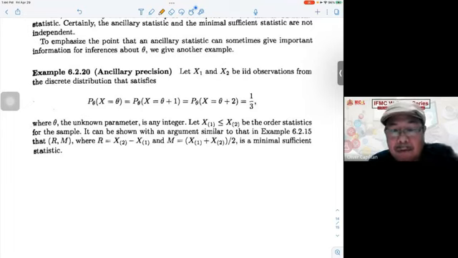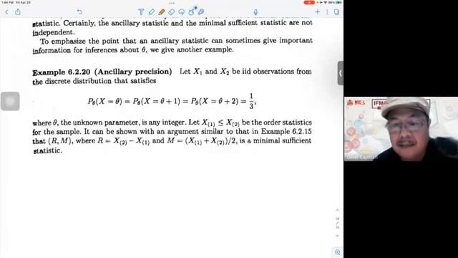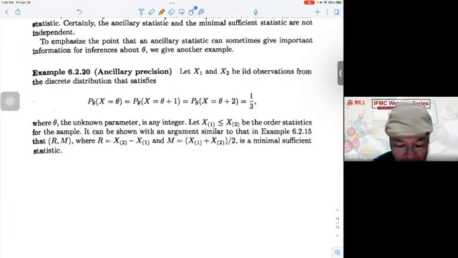This actually implies a probability distribution, because these probabilities sum to 1. Here theta is the unknown parameter, and theta is any integer.